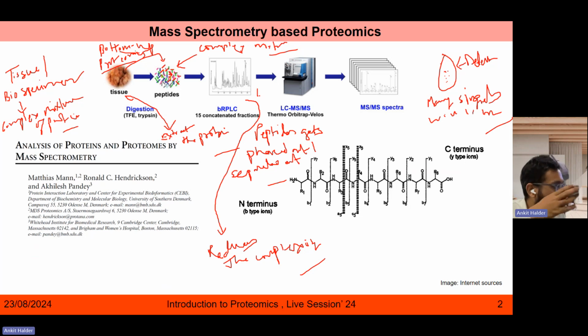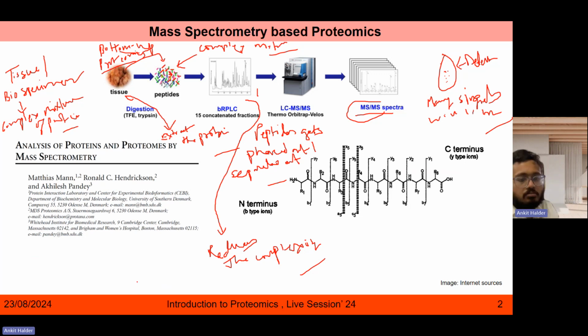Then we can use it in the mass spectrometry to get the final result. And for this spectra, you will see the term MSMS spectra. So what does it mean? We will also discuss it in some time as we move along.